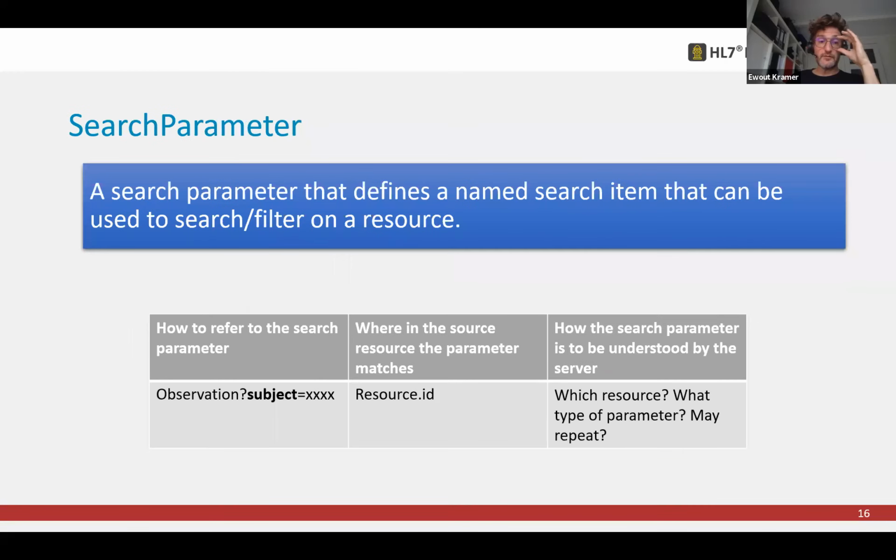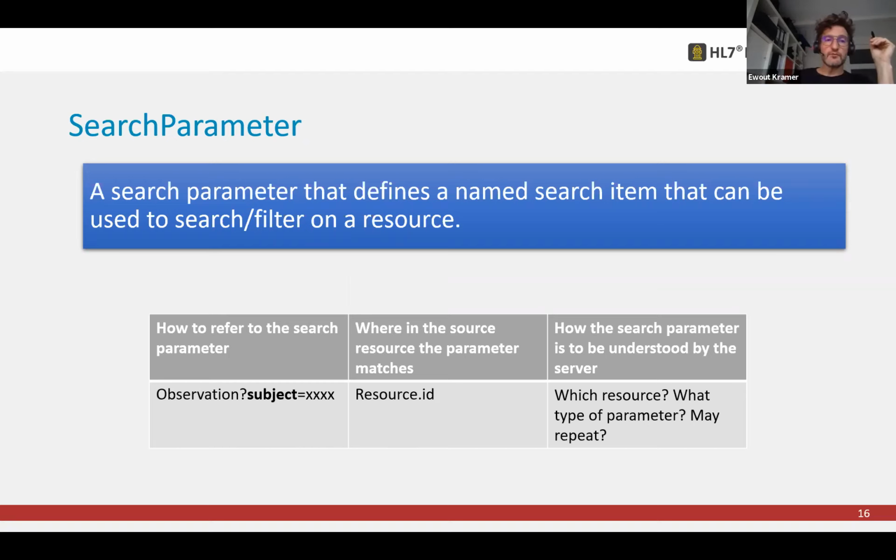All right, search parameter. So search parameter is linked from capability statement and completely specifies a search parameter that you can put on a GET URL to a server.